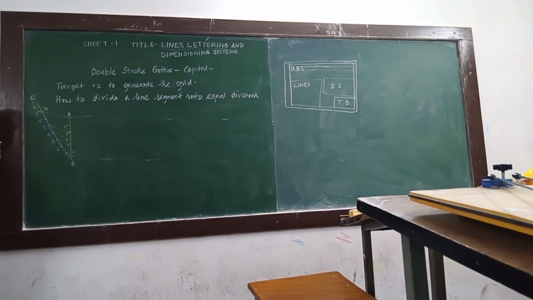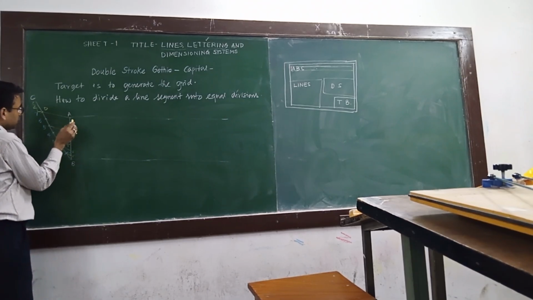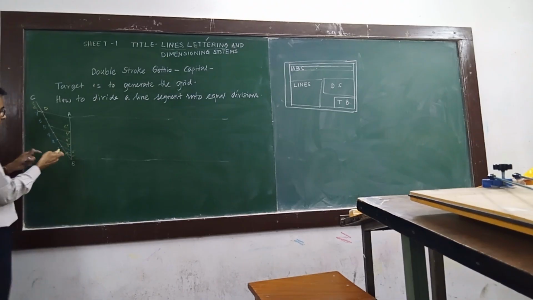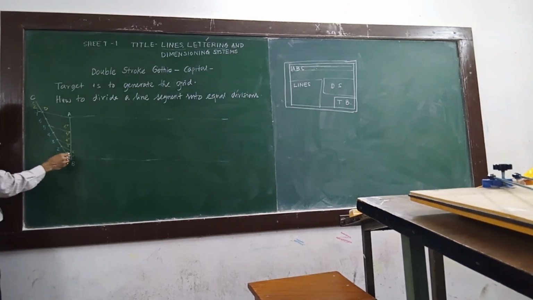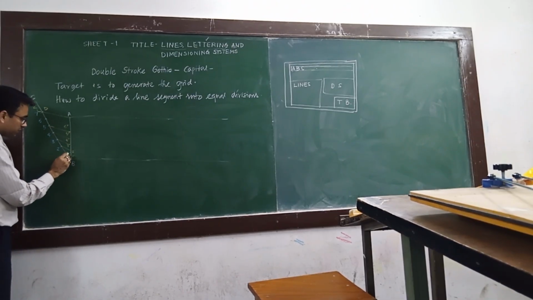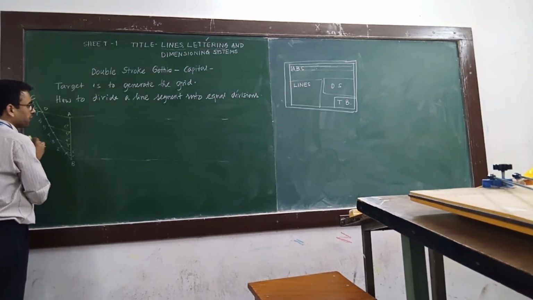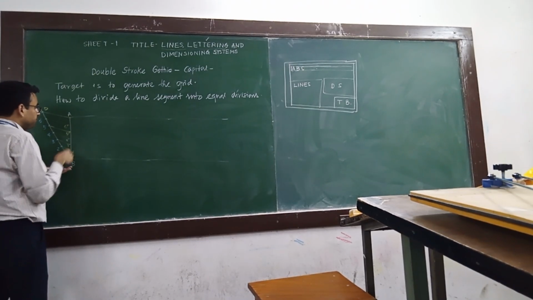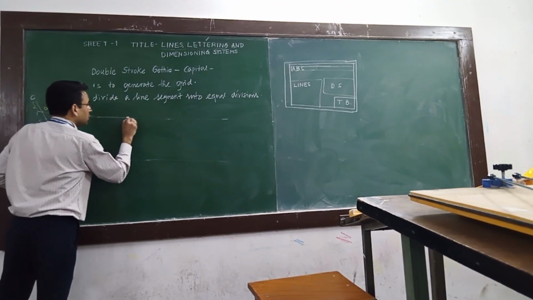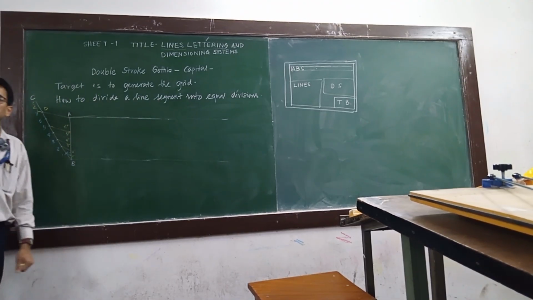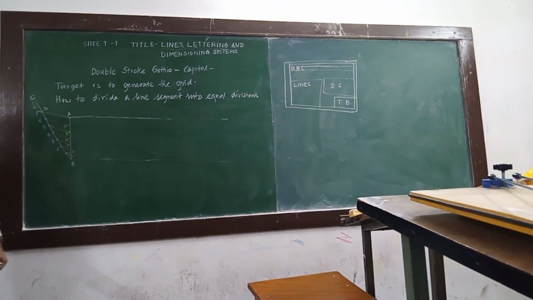That means whatever length is given, you can divide it into any number of equal divisions. Clear? One thing is that depending on my eye estimation, some divisions may be larger, some smaller. But this is drawn only by hand, so excuse me for that. Is it clear?